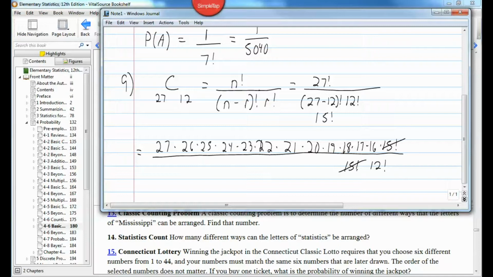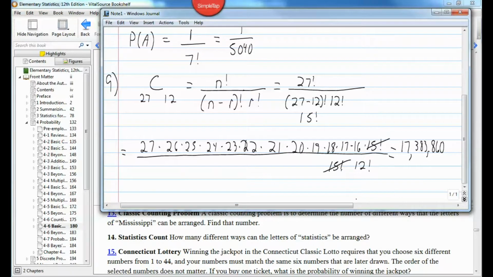Then you divide by 12 factorial. I did that, and I got 17,383,860. So that is the total number of different CDs that you could make.